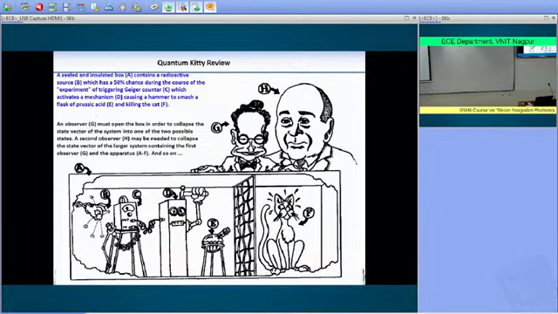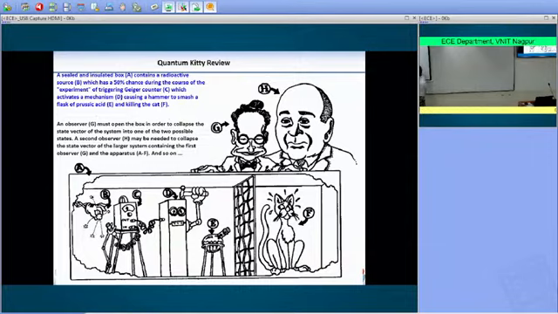Therefore, when the radioactive atom decays, the Geiger counter counts and activates this hammer that breaks the bottle. The prussic acid exits from the bottle.